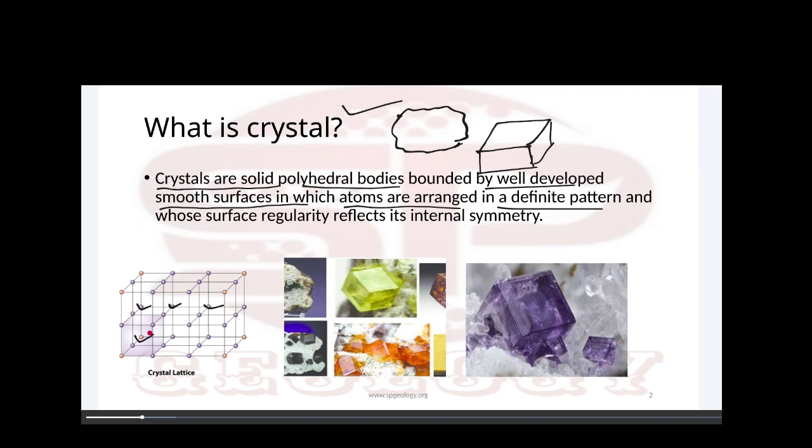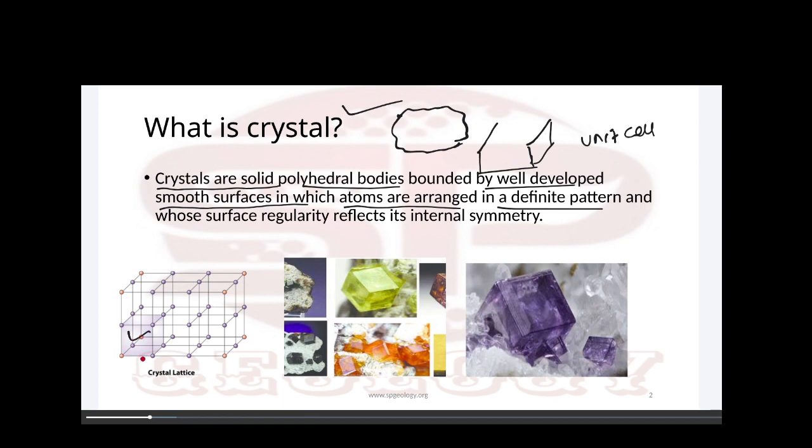So here in this case you can consider this is a small cube and it will repeat itself to form a complete crystal. It repeats itself for a complete crystal formation. Consider the wall of a house: the bricks repeat to build a complete wall. The brick is the building unit of the wall, and similarly the building unit of a crystal we call the unit cell.